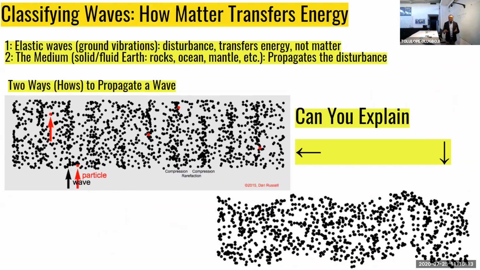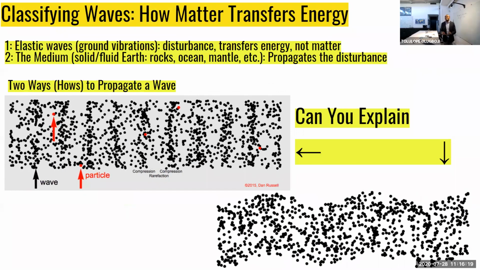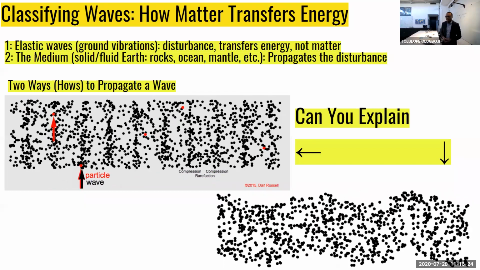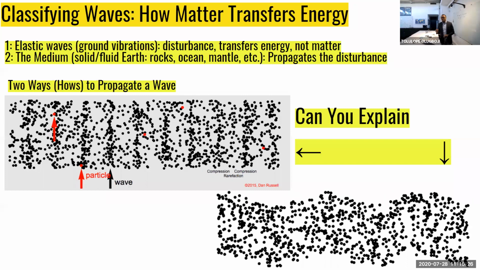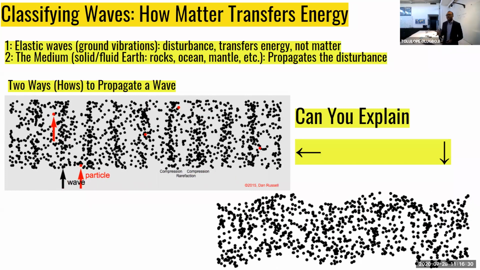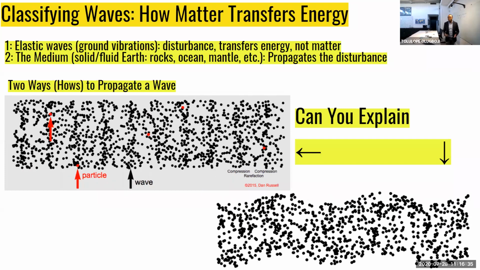The very first thing for us to kind of hammer home is the idea of classifying different waves. So you're looking at two waves here on the screen, and the question I want you to answer is, how could you classify these two waves? They look different, but they are, in general, just waves.